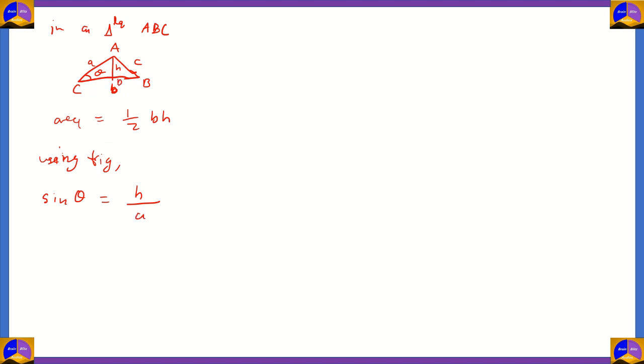So let's consider that the point D is where the height meets the line BC. So in triangle ADC, sine theta is equal to h over a. So when we write that down, we can see that a sine theta is equal to the height h. We're going to plug that in here to the area of the triangle. So now the area of the triangle turns out to be half ab sine theta.